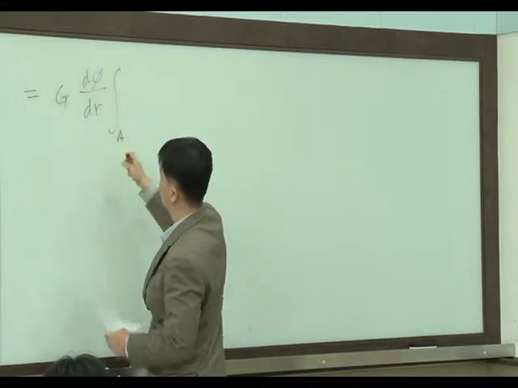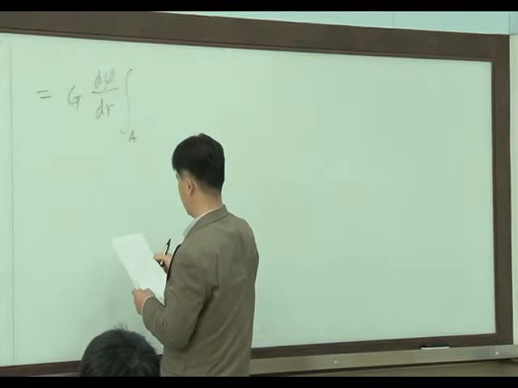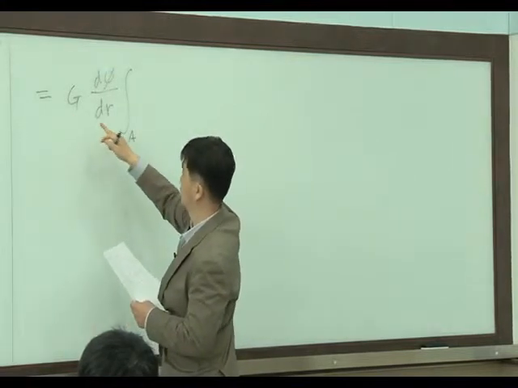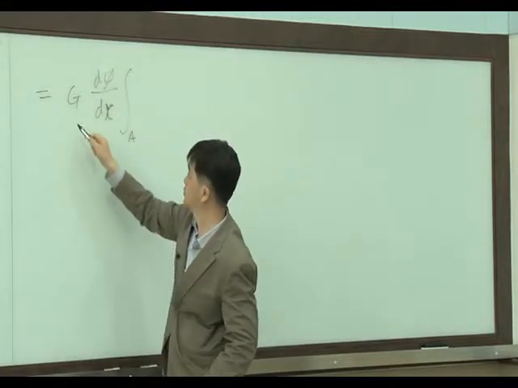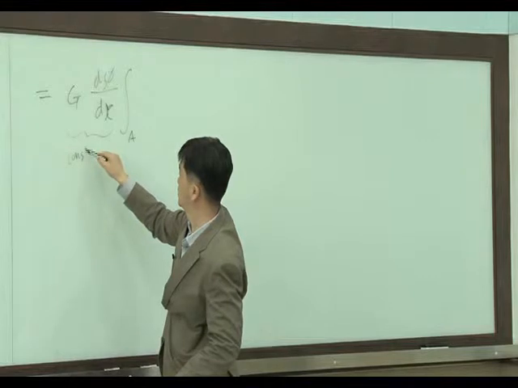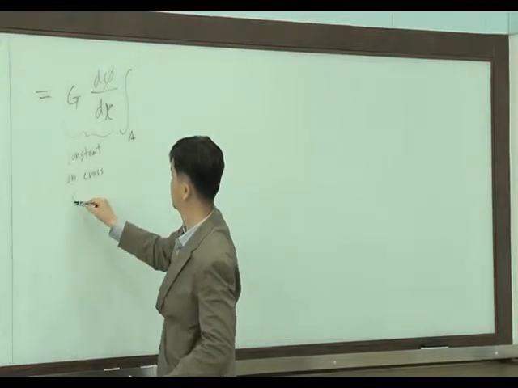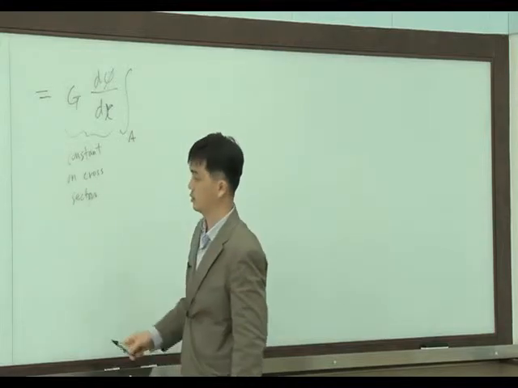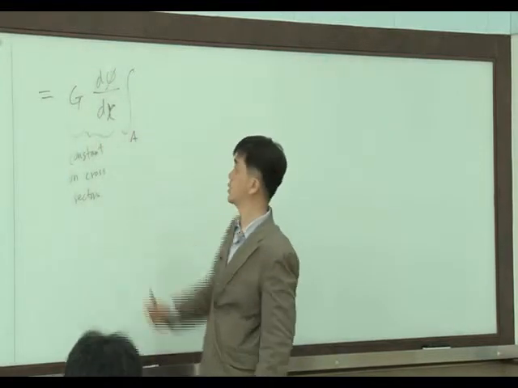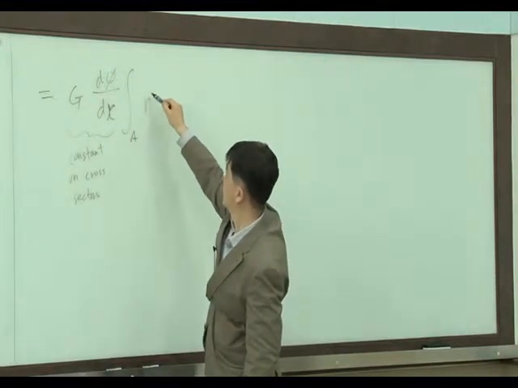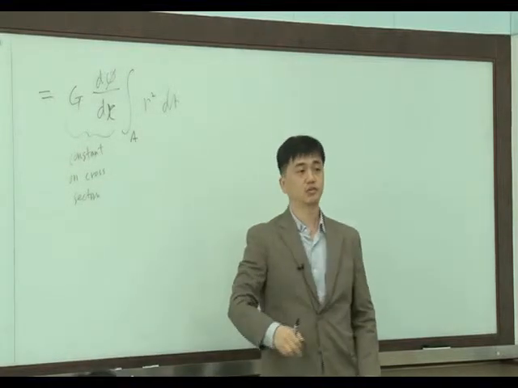This is not about the cross section, and this is not about the cross section, right? So both are constant on the cross section, right? Because phi is a function of x, G is a material constant. So the only remaining thing is this one. R is changing on the cross section.